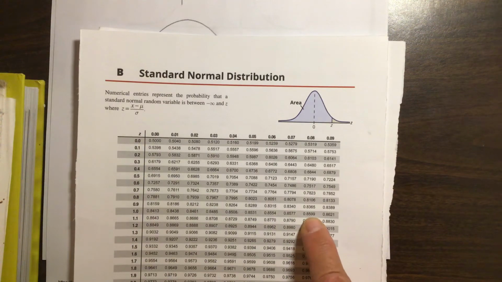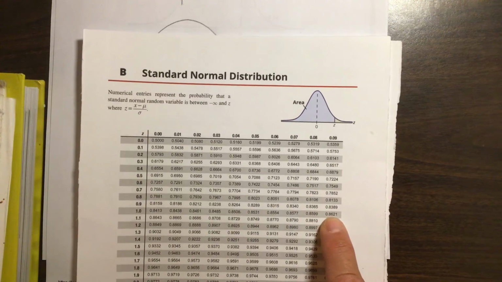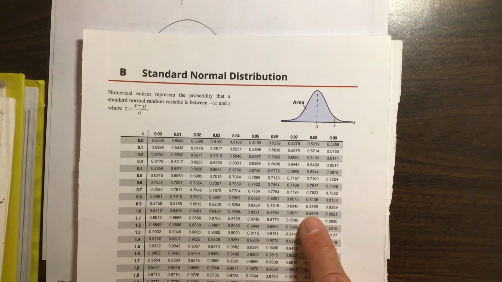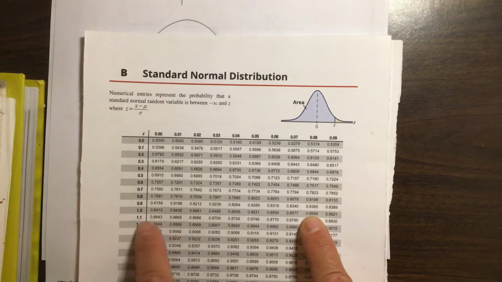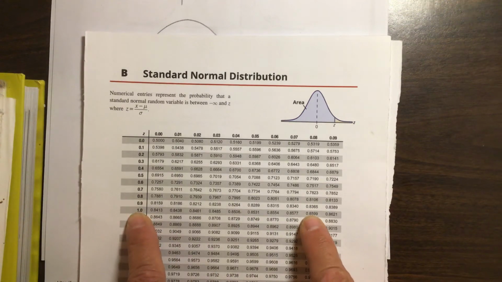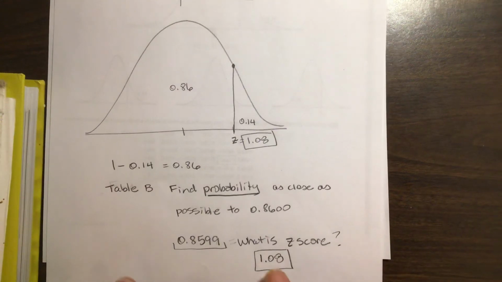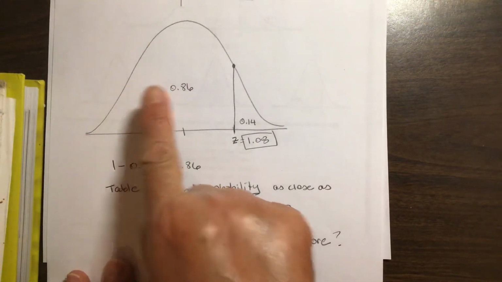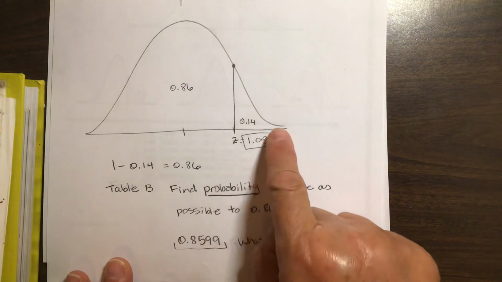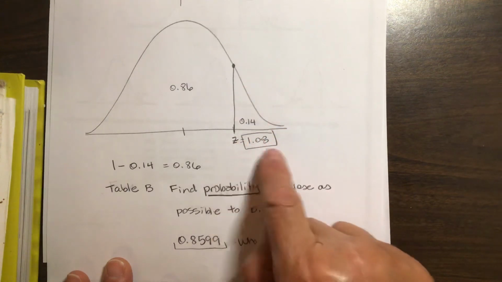This is a very small bit away from 0.86, and this is quite a bit over 0.86. So we're going to use this one, and we're going to go to 1.08. That's the z-score if the area to the right of our z-score is 14%.